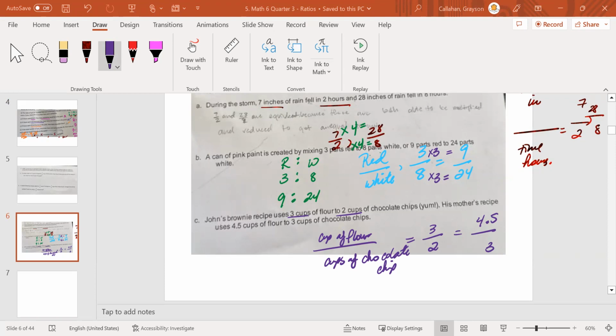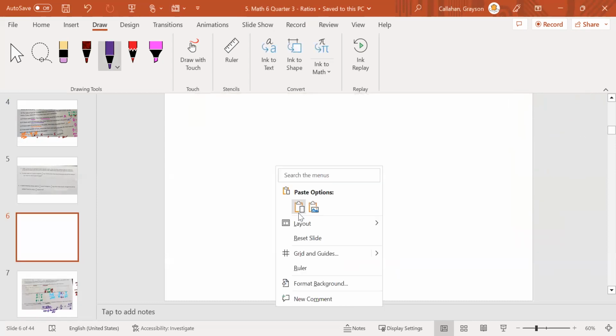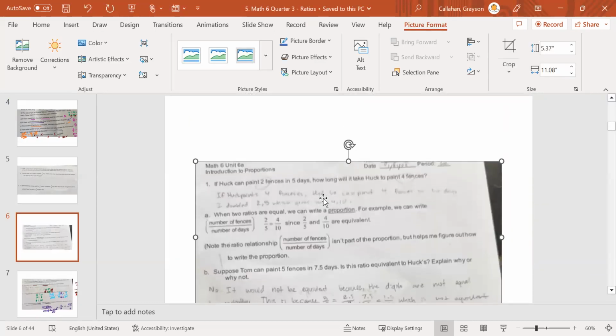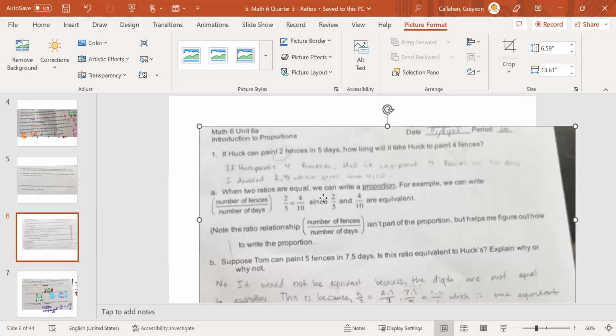Now what I'm going to do is go over question number 1, so that we can see this a little bit more closely, okay? Because I feel like she actually included some information there that we probably need to have. Okay, so let's take a look at this then.